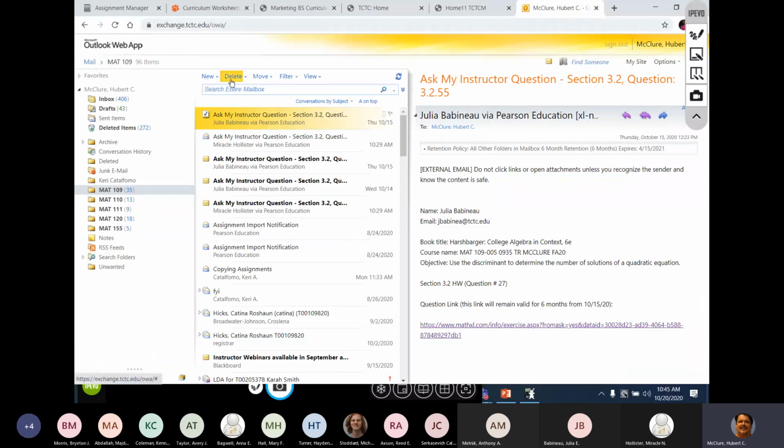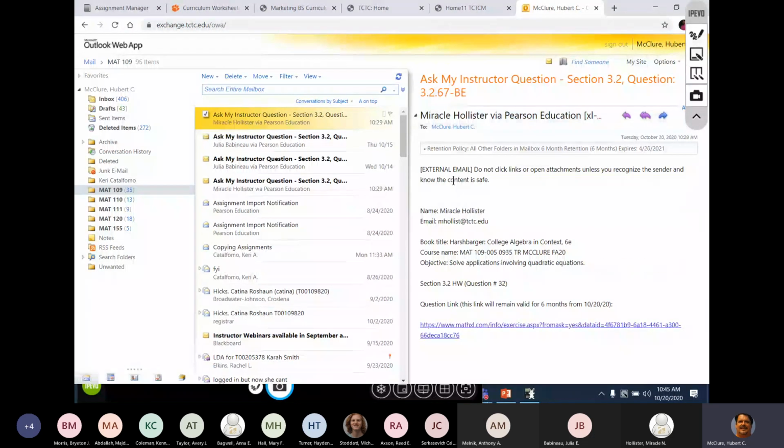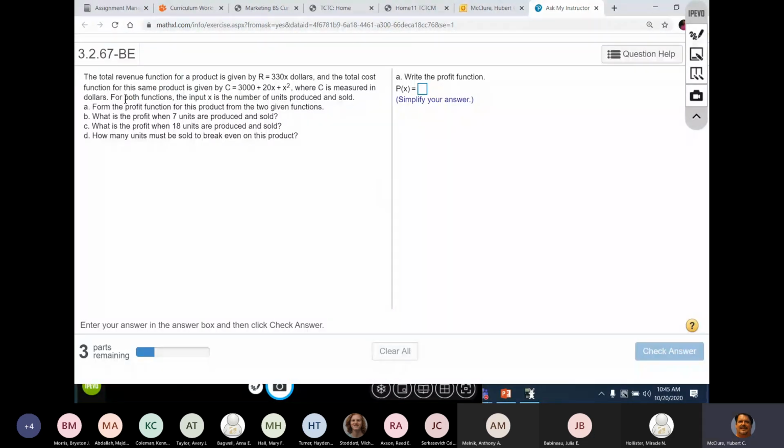3.267/32. The total revenue function R is equal to 330x, and the total cost function is C is equal to blah, blah, blah. Break even, they're going to ask when it's profit. I know you're going to set this equal to each other for one thing.